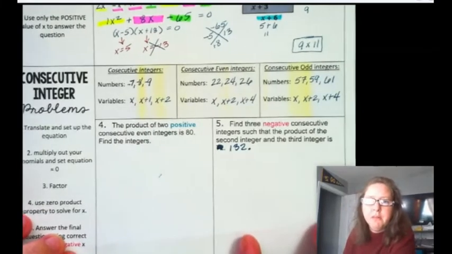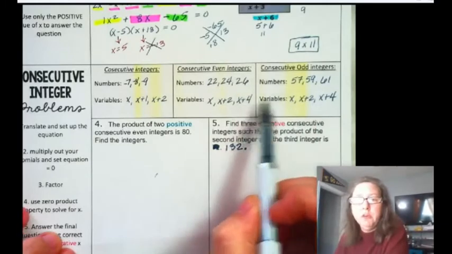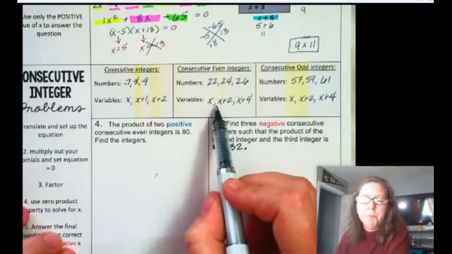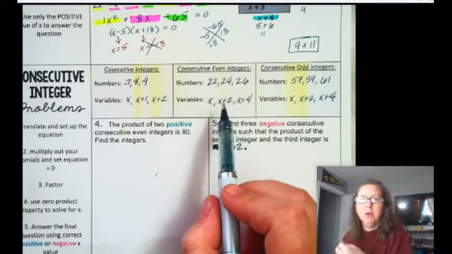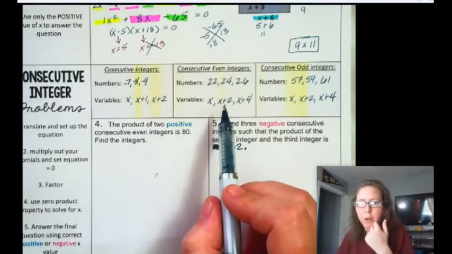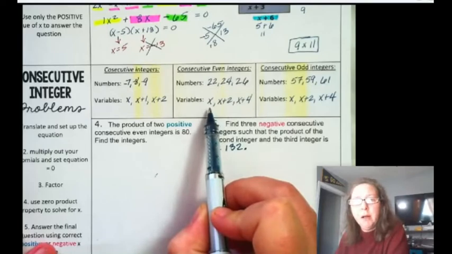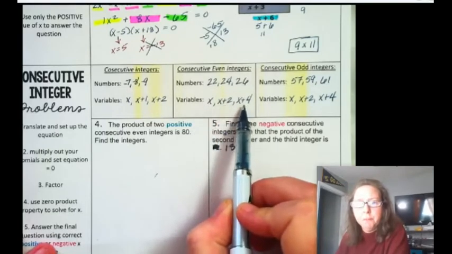What about if we have consecutive even or consecutive odd? These really don't matter how you set them up, because odds are 2 digits apart and evens are always 2 digits apart as well. So we use the same variables for both odds and evens, x, x plus 2, and x plus 4.